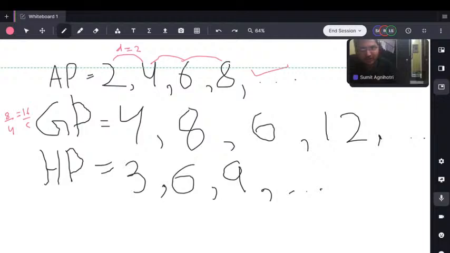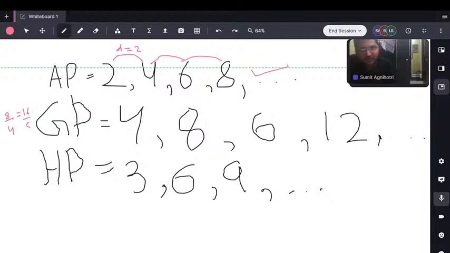If a sequence is AP, what does it follow? Focus here. First term is A1, second term is A2, third term is A3, next term is A4. Similarly, we can have n terms here. And if it forms an AP, the next term subtracted from the previous one must give you the same common difference.